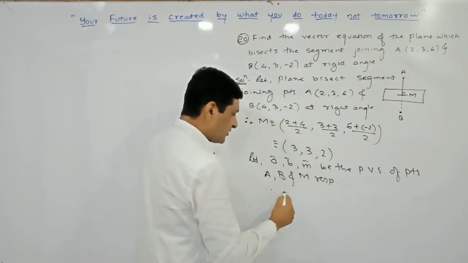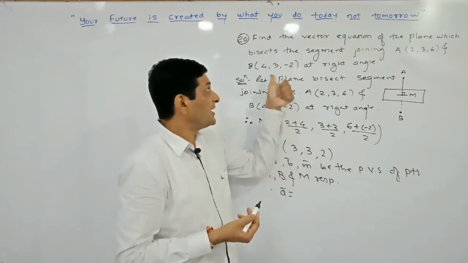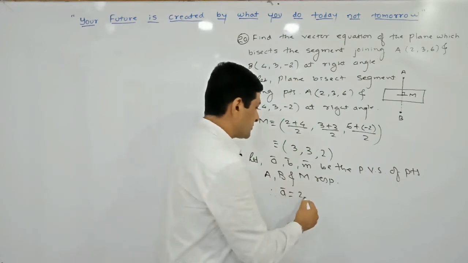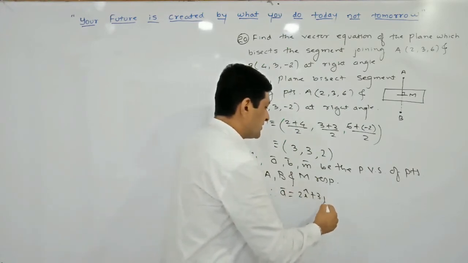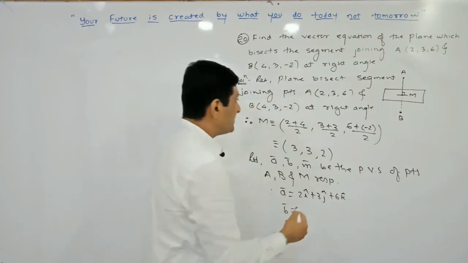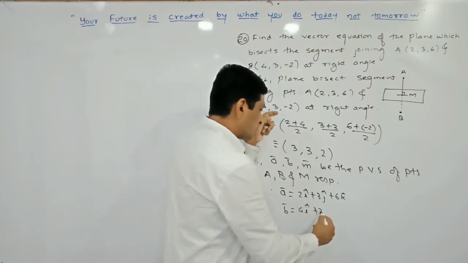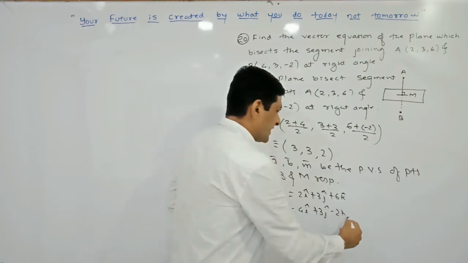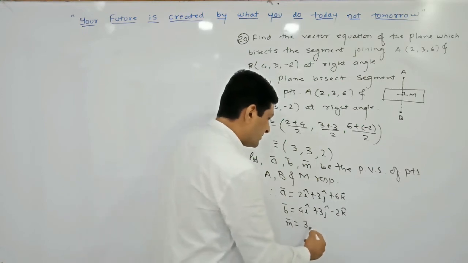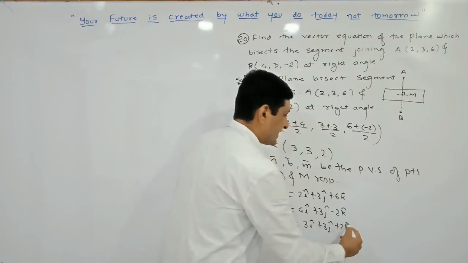From the coordinates of A, 2, 3, 6, A bar is 2i cap plus 3j cap plus 6k cap. B bar is 4i cap plus 3j cap minus 2k cap, and M bar is 3i cap plus 3j cap plus 2k cap.